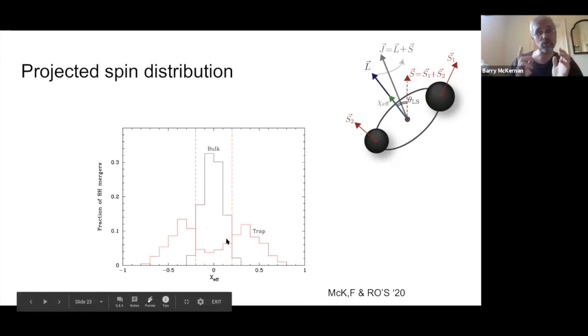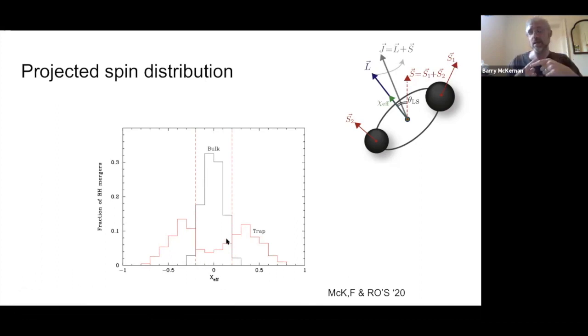For mergers at the trap, because you're making multiple massive objects, you'll create rapidly spinning black holes at the trap. And sometimes if the binary that forms this object is prograde, the rapid spin will end up projecting along L. If it's retrograde, it will point the other way, as sort of anti-L.